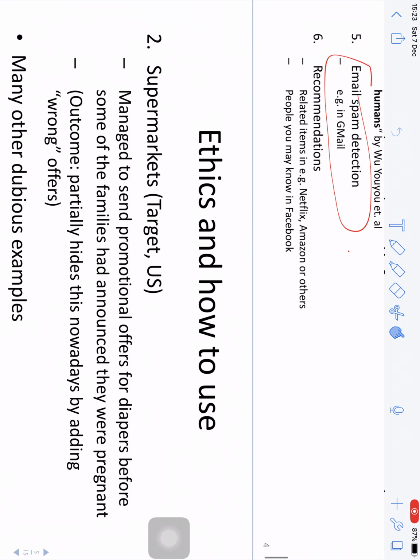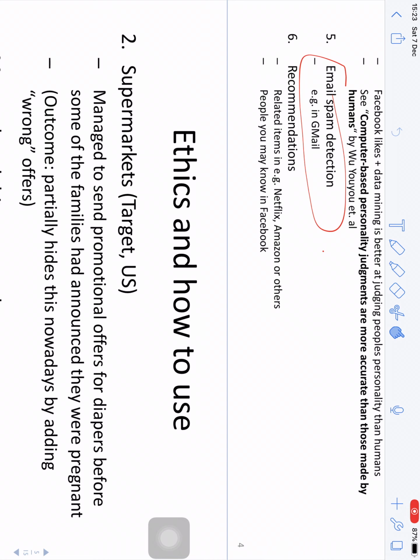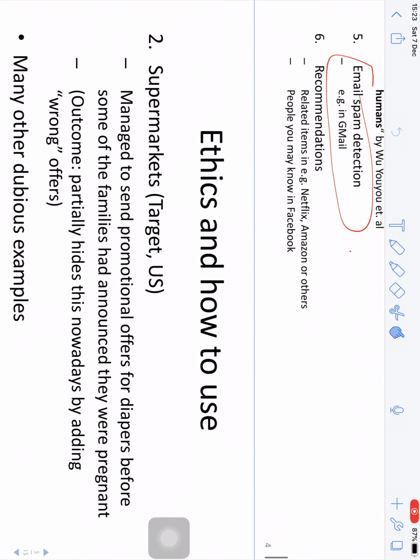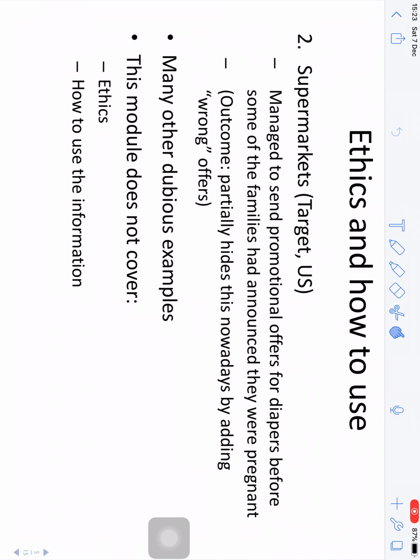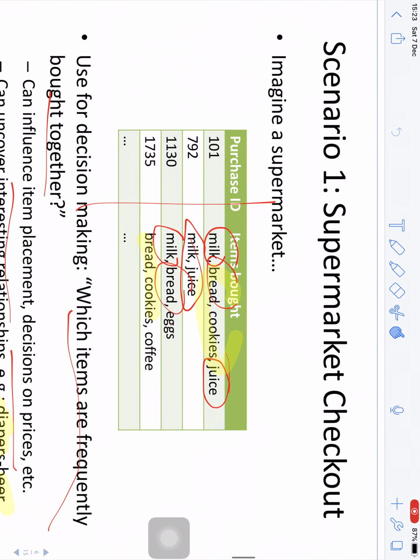Gmail can also use spam detection methods to get features from the text to know whether it is spam or not. There are some ethical issues, such as whether purchasing records can be used to tell whether someone is pregnant, but we do not talk about them here.